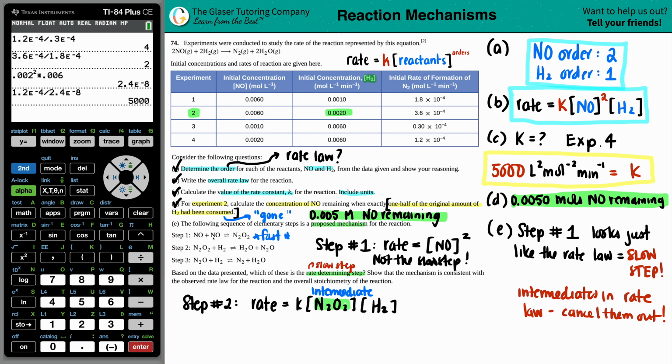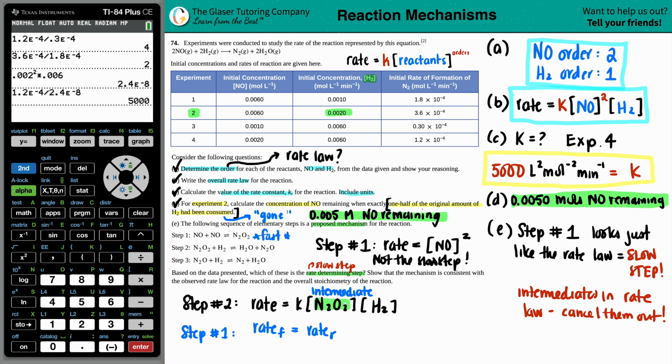Which means that you have a forward and a reverse reaction going on. So maybe over here, for step number 1, we'll say the rate of the forward equals the rate of the reverse, because this is happening in a fast equilibrium. So now you basically have 2 rate laws.